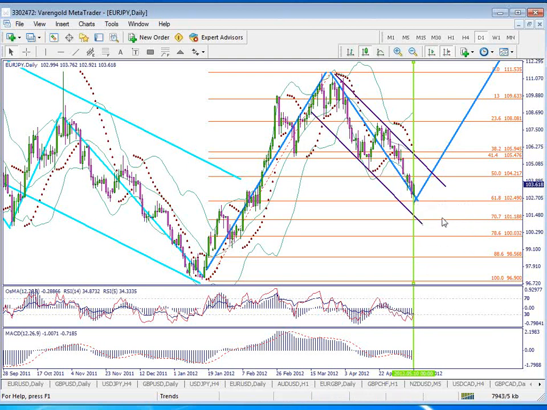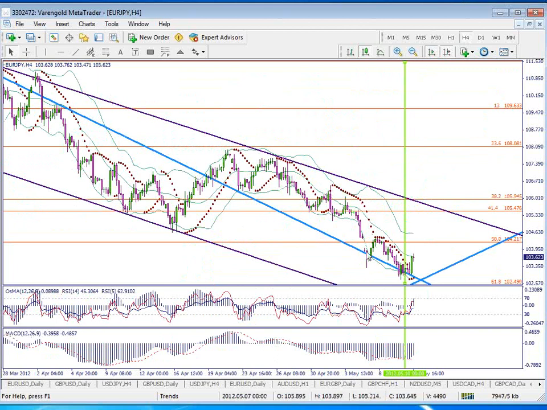And also the pair didn't reach the inferior line of the channel. So it's possible to have one move into the down direction up to 70.7 and after that to go into the upside. But we just have to pay attention to this signal.